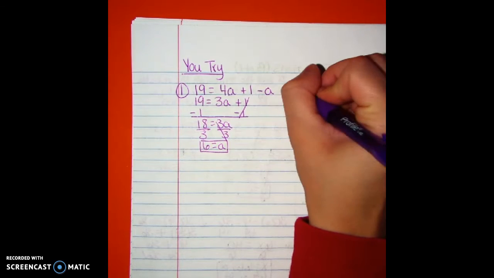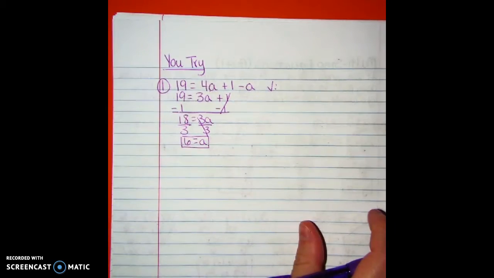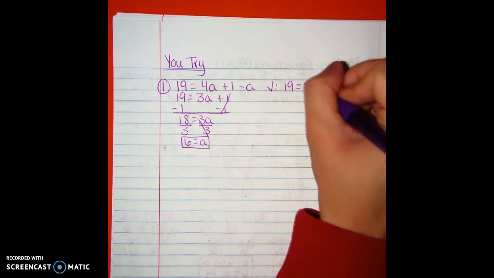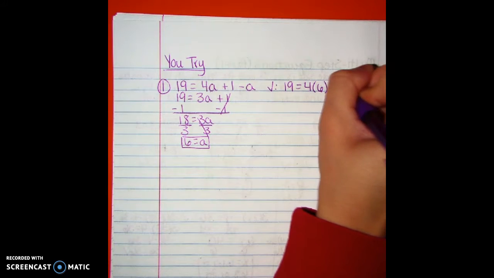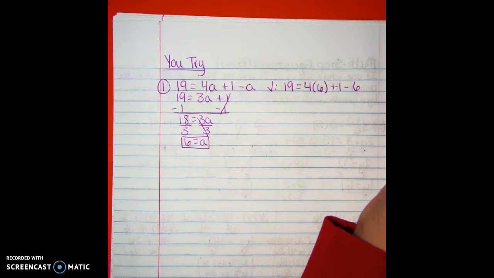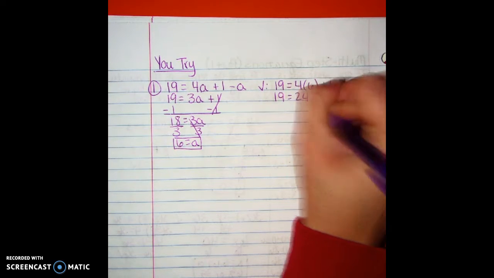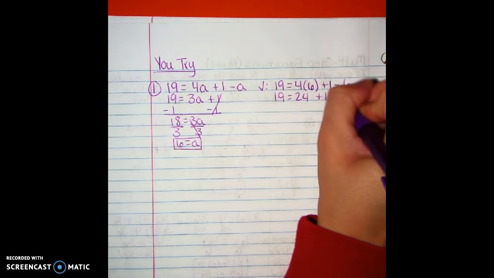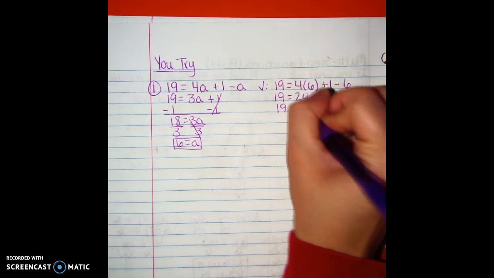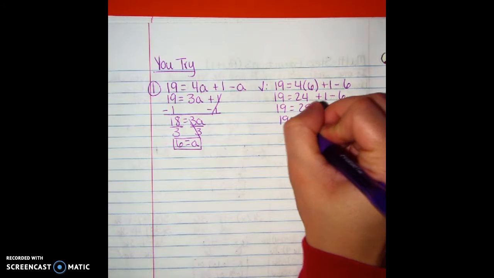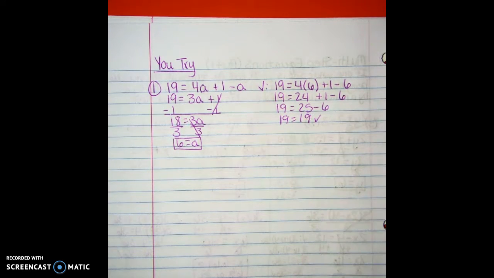Check the answer. 19 equals 4 times 6 plus 1 minus 6. This is 24 plus 1 minus 6. That's 25 minus 6, which is 19.